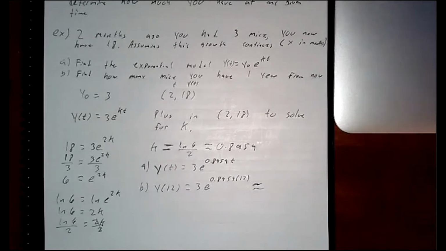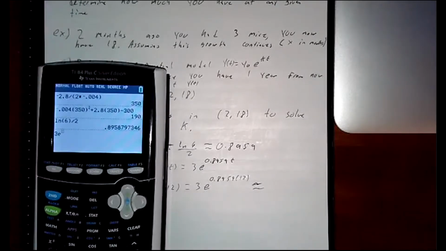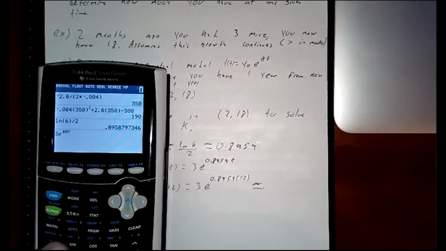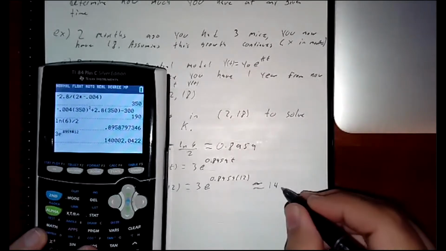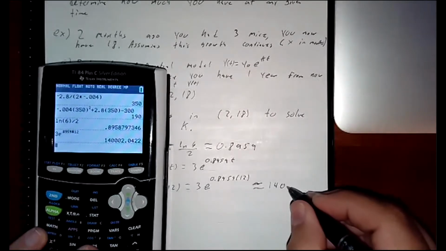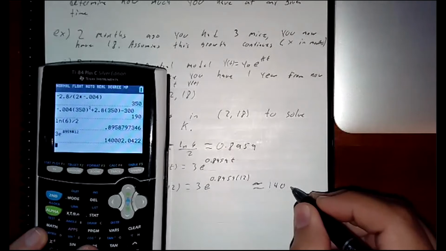Let's go ahead and do it over here. That'll be 3e to the 0.8959 times 12. There we go. So 14, 0. Wait, that's way too many.